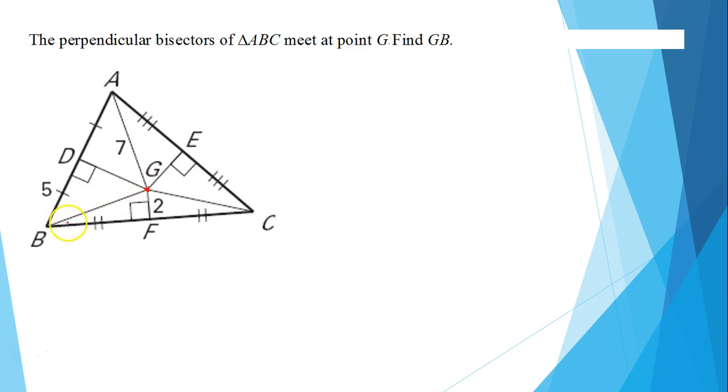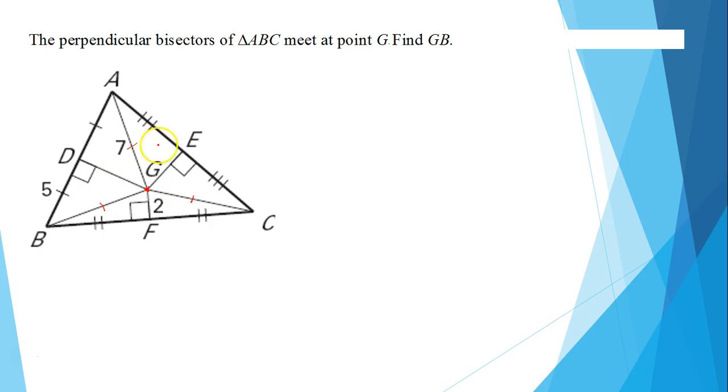Well, let's find GB. The thing about circumcenters is if we know that this is the circumcenter, then from that point to all the vertices of your triangle are congruent. So all these segments drawn from the circumcenter to the vertices of the triangle are congruent to each other.